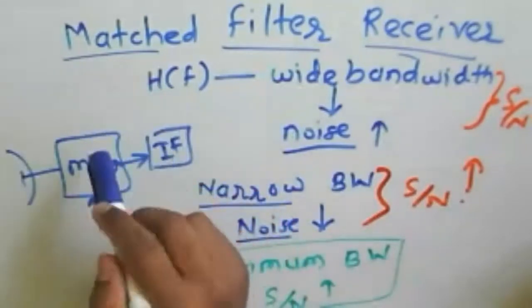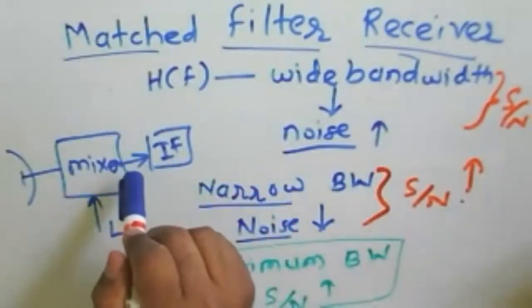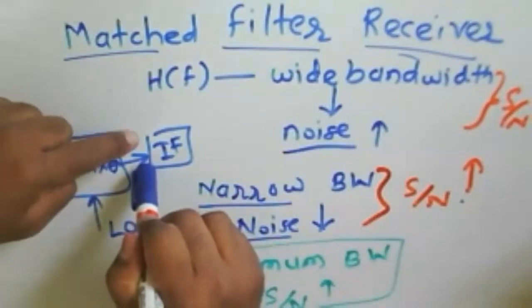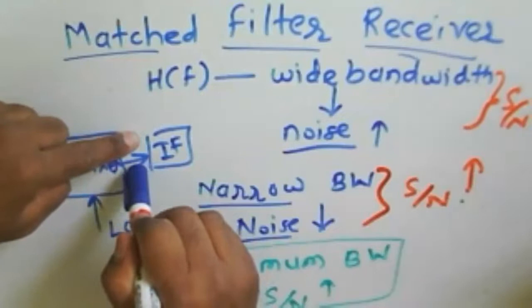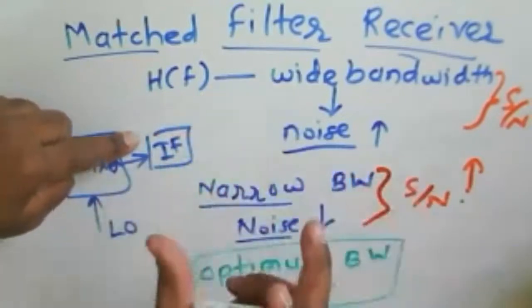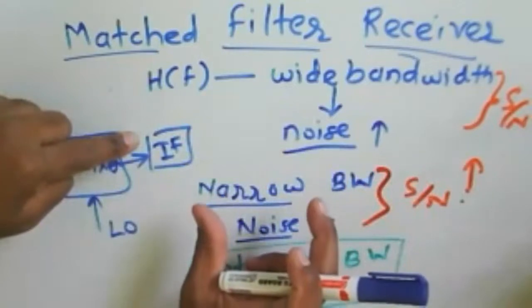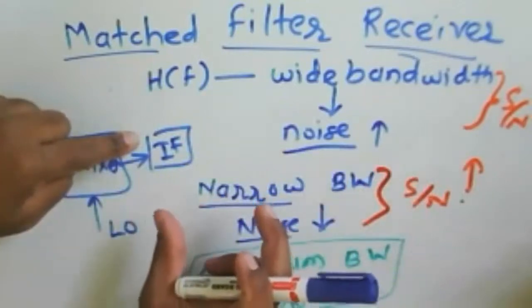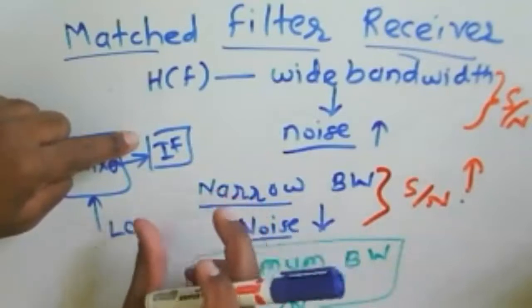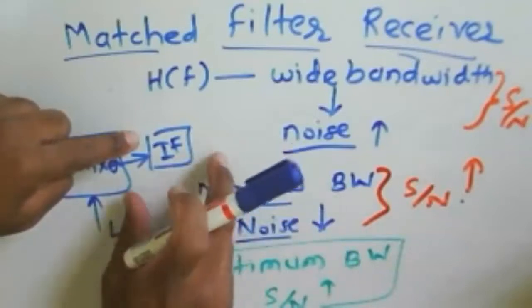The signal is provided from the mixer to the IF. At the IF, we need to consider the limitation regarding the bandwidth. We can choose the bandwidth at the IF stage.